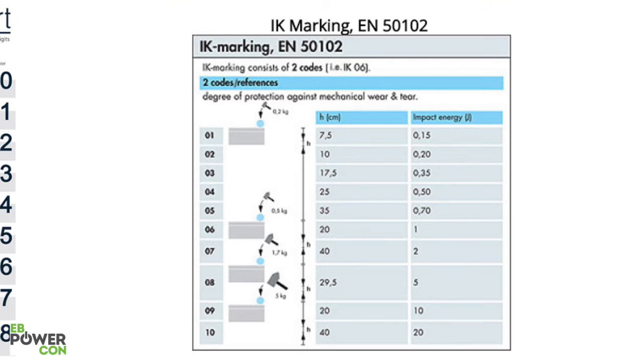It was an arena, and they wanted an IK 8 or higher lens for a fixture, because sometimes a puck will go flying and hit the fixture. They don't want the fixture to break, so they want it to have impact resistance. That gives you a little more protection for the fixture that you're using.